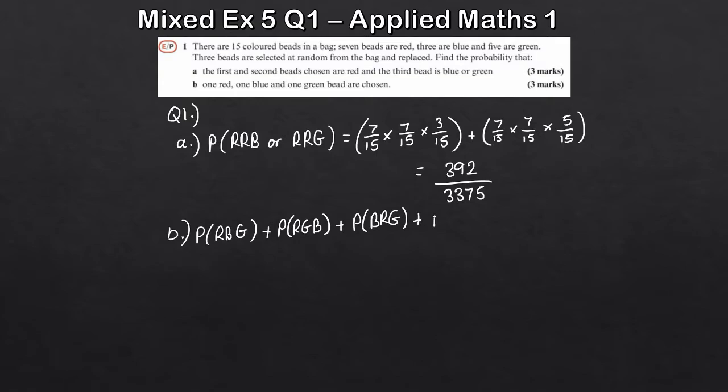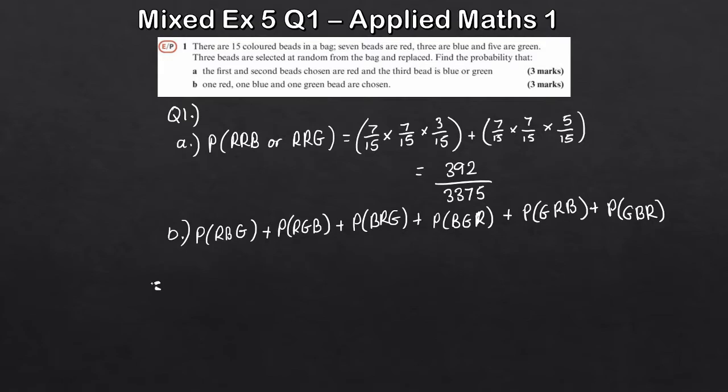And again with blue, we could have blue, green, red. Oops, that's supposed to be an R. Blue, green, red. And then we just got another 2, and this is when we start with the green one. So this is green, red, blue, plus the probability that it's green, blue, red. Okay, so those are all the different combinations we can actually have for this question.